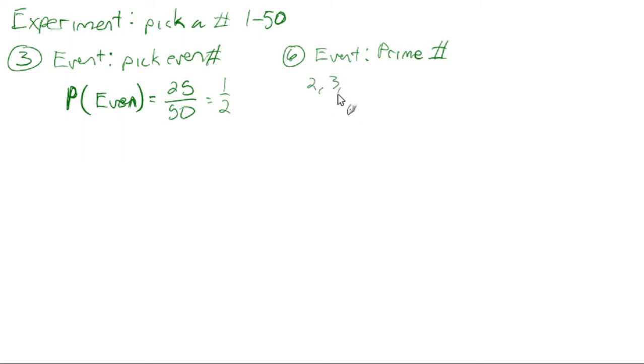2, we got 3, 5, 7, 9, no, 11, yes, 13, 15, no, 17, 19, 21, no, 23, 25, 27, no, 29, 31, 33, 35, no, 37.